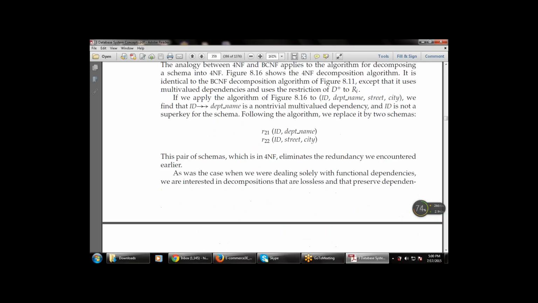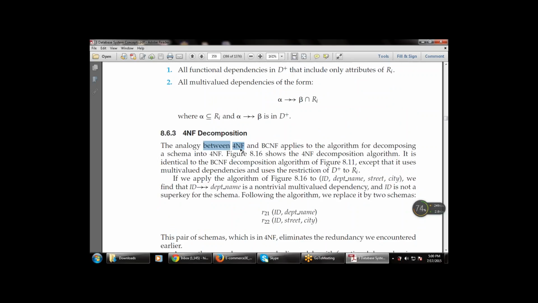The next is the 4NF decomposition, that is, how to do the 4NF decomposition. The relationship between 4NF and BCNF forms the basis of the algorithm for decomposing a schema into 4NF.